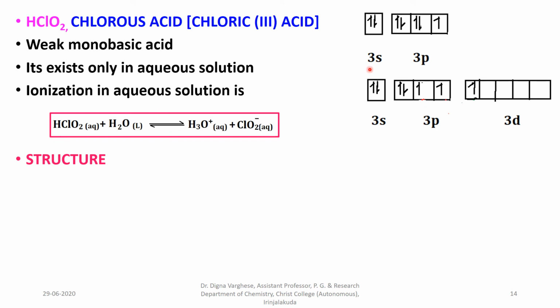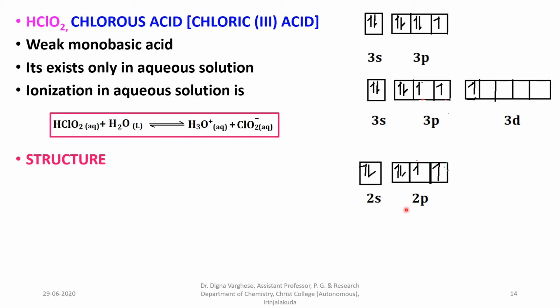The structure by the chlorine ground state is shown here, 3s2 3p5, and for the excitation state, that is 3s2 3p4 3d1, and two oxygen atoms are here, HClO2.